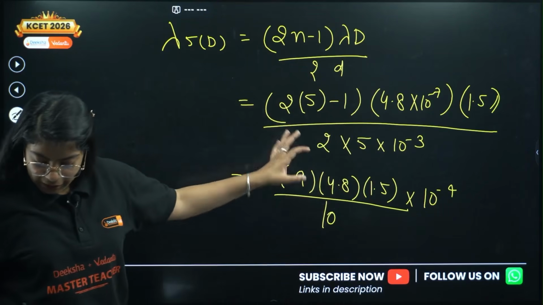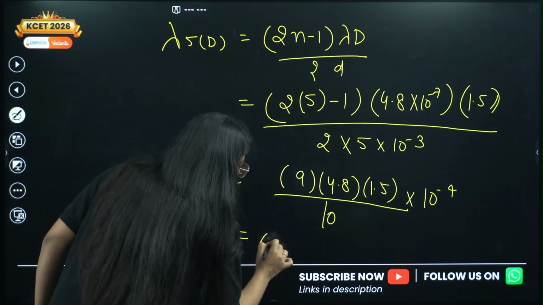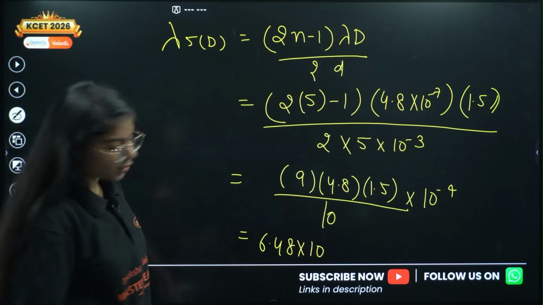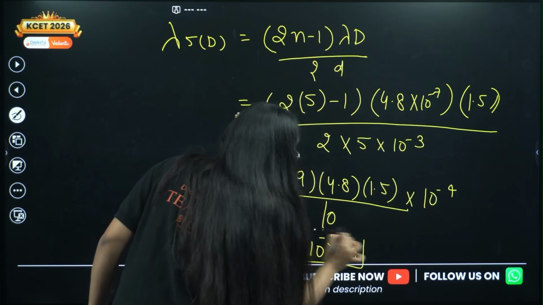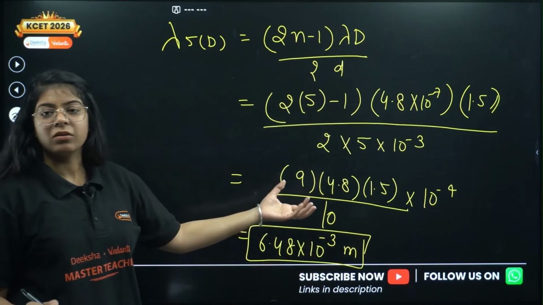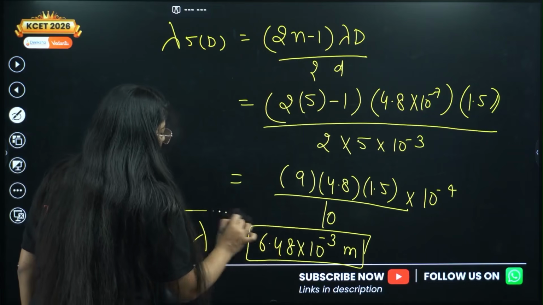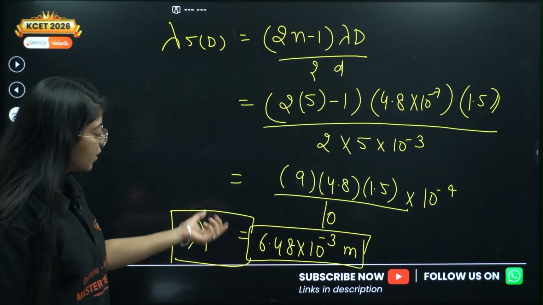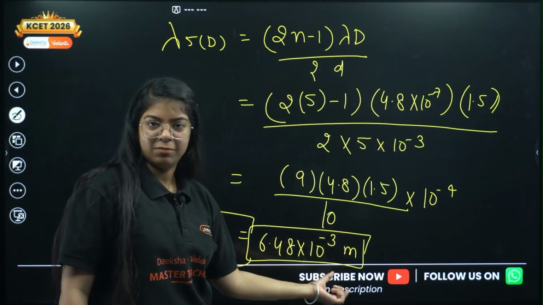And if you do the calculation, you will get the value as 6.48 into 10 raised to power minus 3 meters. You can solve this with the help of a calculator easily, and you will get the distance of the fifth dark fringe from the central maxima, that is 6.48 into 10 raised to power minus 3 meters.